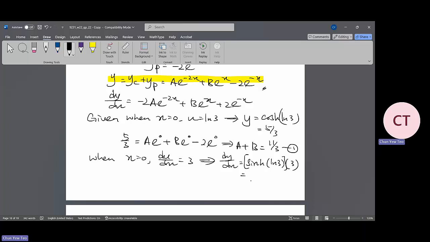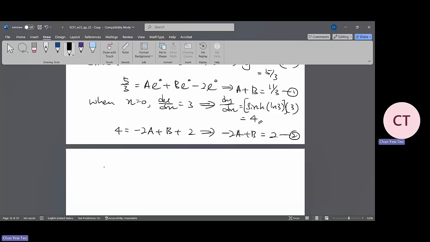Press the calculator again, then you will get this one as 4. So we just need to use these equations. You will get 4 equal to negative 2A plus B plus 2. That will give you negative 2A plus B is 2. That will be your equation number 2.